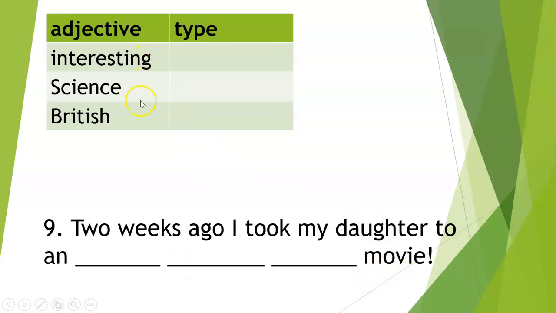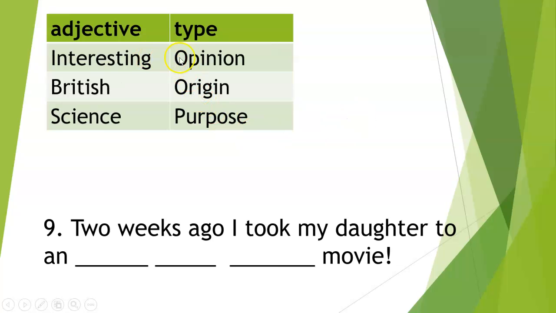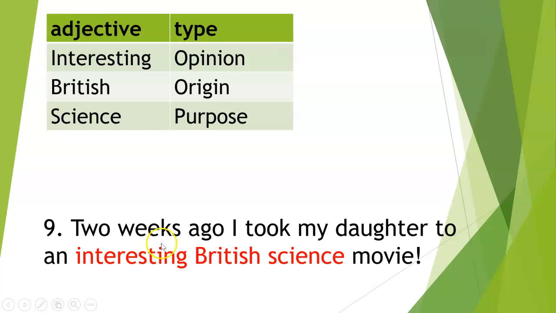So when we look at these three adjectives, we can see that interesting is opinion, British is origin, science is purpose. So the order that we put these words would be this: Two weeks ago, I took my daughter to an interesting British science movie.